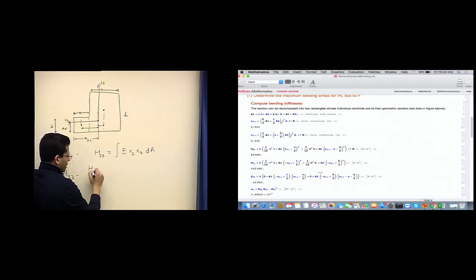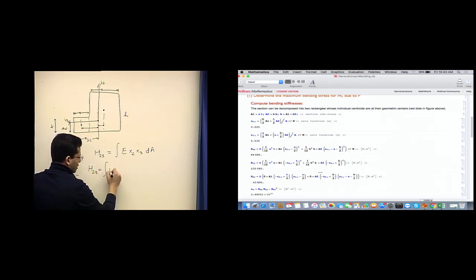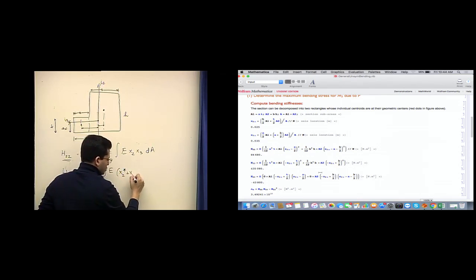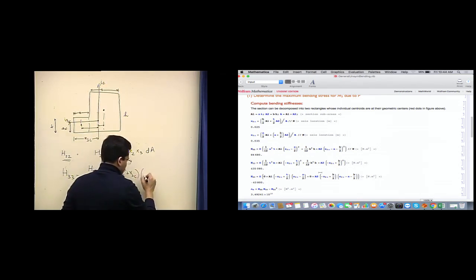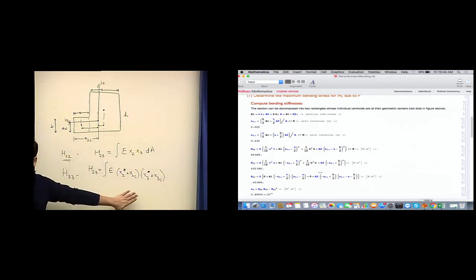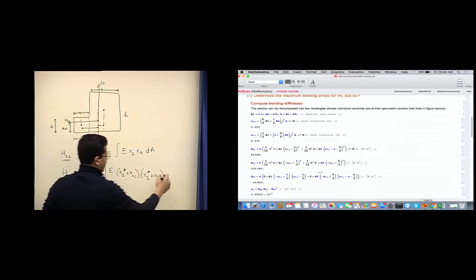So I will get H23 is equal to the integration of E times (x2 star plus x2c) times (x3 star plus x3c). If you remember the same configuration we had in the lecture in class when we are moving from some coordinate frame to the centroid, right? And then we have dA.